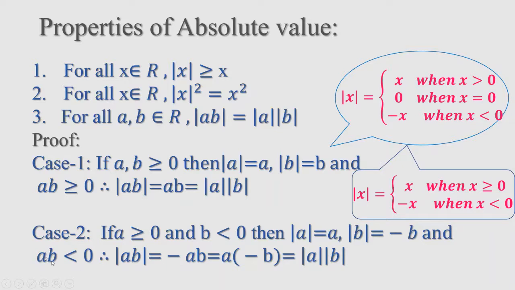That's why modulus of ab equals minus ab. We write this as a into minus b, where a equals mod a and minus b equals mod b. So for case 2 our proof is complete.